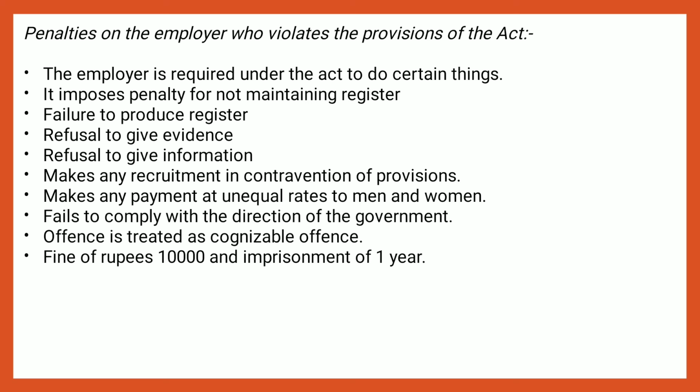It imposes a penalty for not maintaining a register for men and women or all workers. It imposes a penalty for failure to produce the register, for refusal to give evidence, and for refusal to give information to the department.